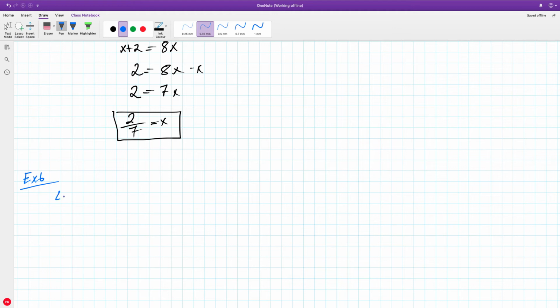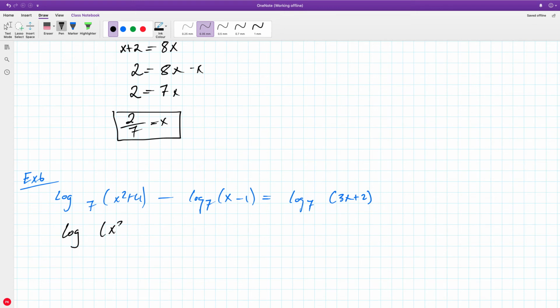Log to the base 7 of x squared plus 4 minus log to the base 7 of x minus 1 equals log to the base 7 of 3x plus 2. So that is the log of x squared plus 4 over x minus 1 to the base 7 is equal to the log of 3x plus 2 to the base 7.